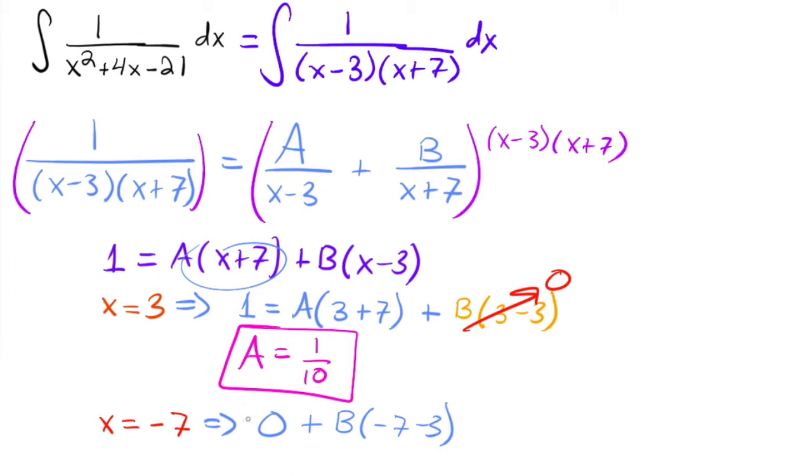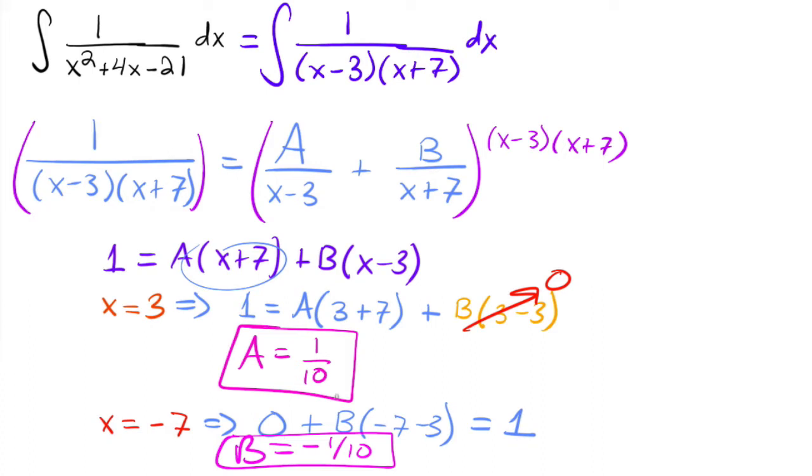And I guess I should have put equals 1, but I'll just put equals 1 on this side. So equals 1, that's this one right here. I just flip-flopped them. Okay, so anyways, then you get that B is equal to negative 1/10.